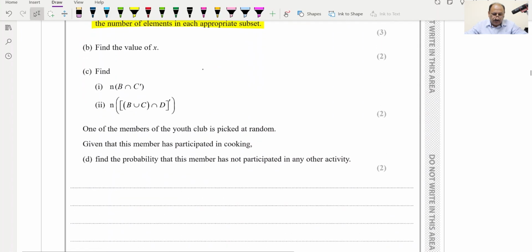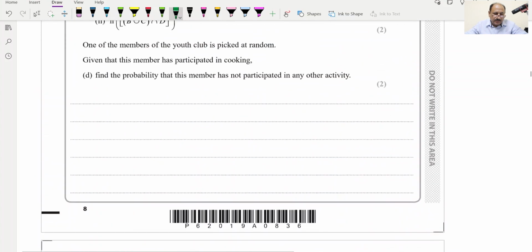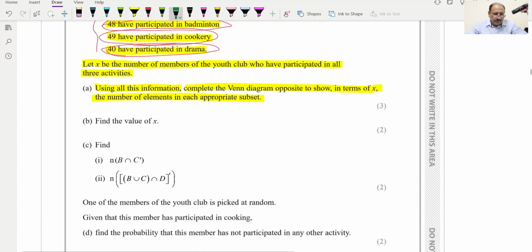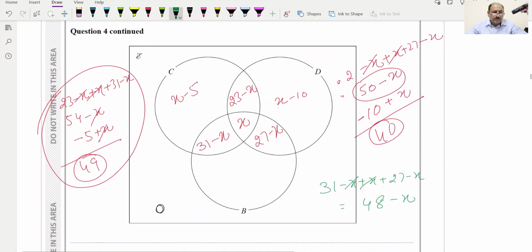Similarly we add these: 31 minus x plus x plus 27 minus x. If we simplify, the x cancels.